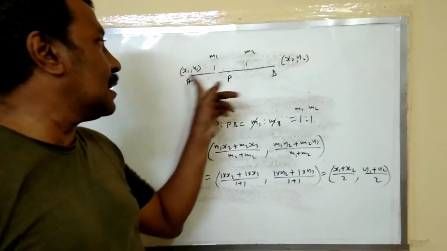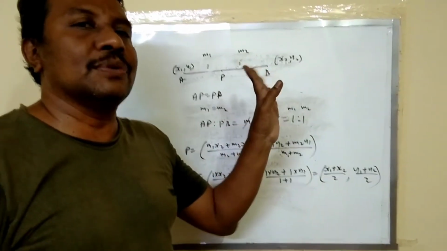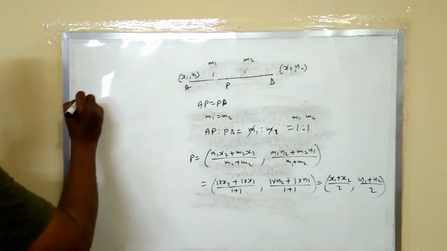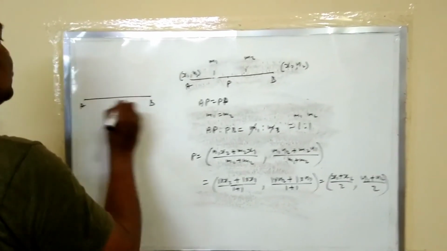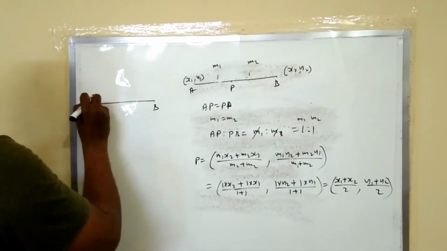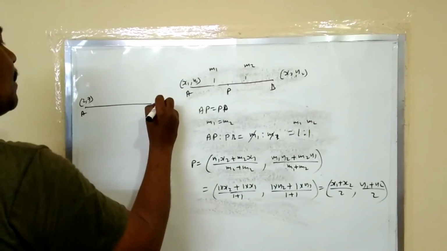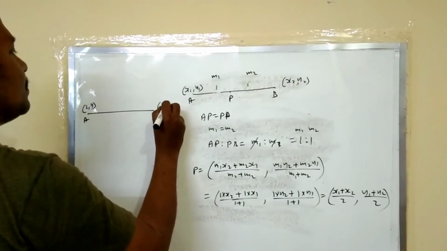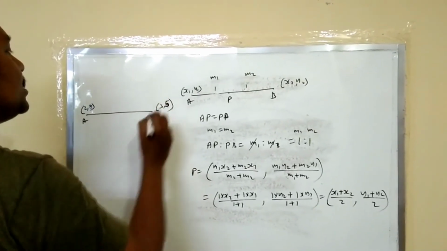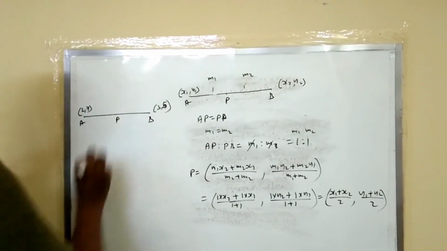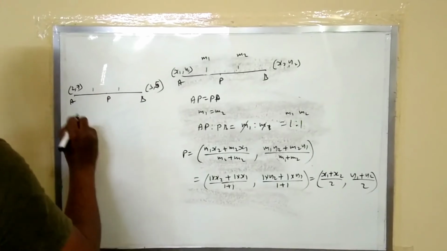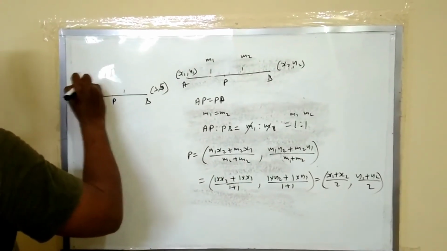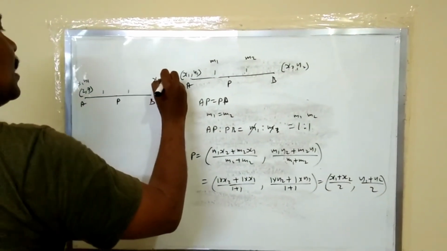Midpoint means dividing a line segment into equal ratio. I'll take one example. A is (2, 7) and B is (3, 5), and P is the midpoint, dividing in the ratio 1:1. Then what are the coordinates of P? This is x1, y1 and this is x2, y2.